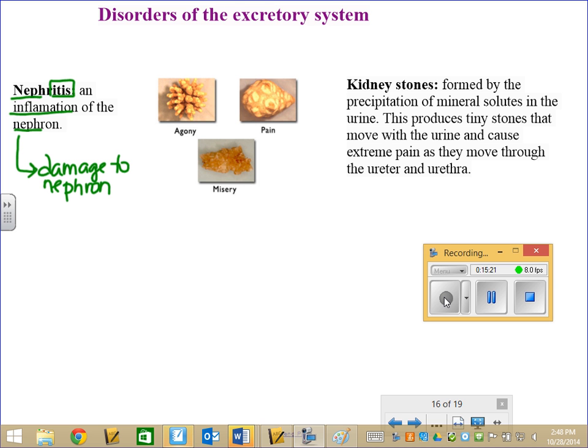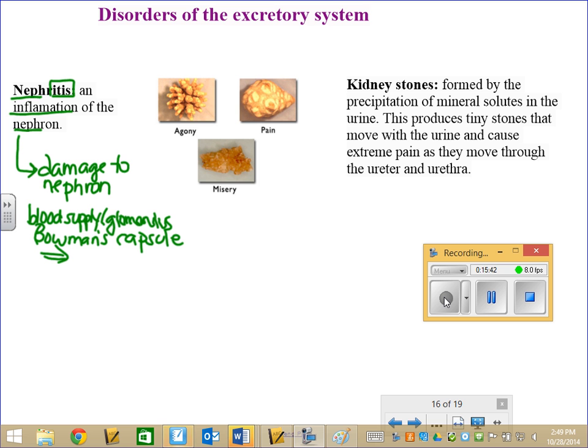So if there is some sort of damage to the blood supply, so the glomerulus, or Bowman's capsule, both of which are at the beginning of the path, here's what I would expect to find.